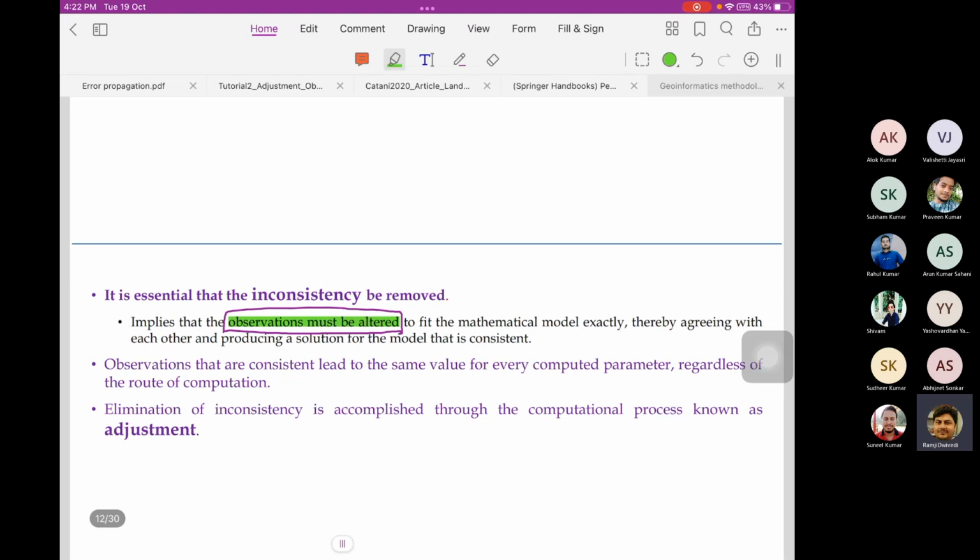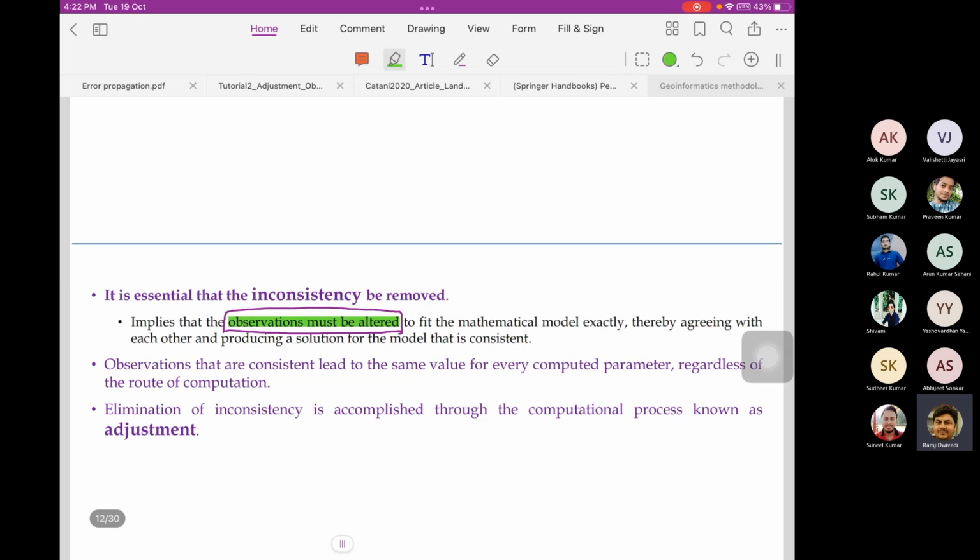This is what I was telling when I was discussing adjustment. This is adjustment, the integral part of adjustment. It implies that the observations must be altered. That's true, because your observations contain errors and they must be altered. There must be certain corrections applied to those observations before moving ahead to fit the model exactly.